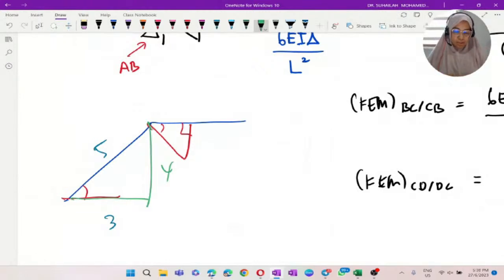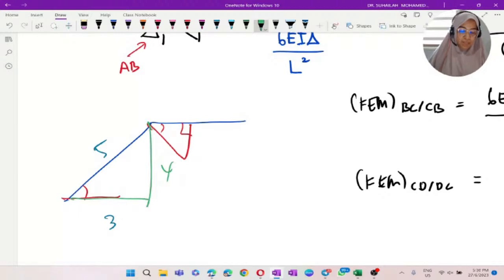So it is arctangent, 4 divided by 3, arctangent.